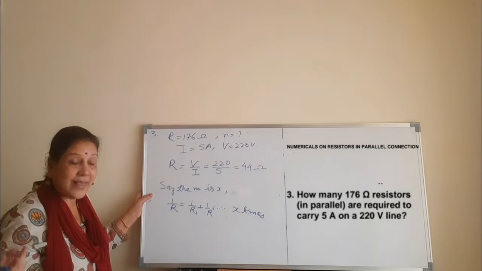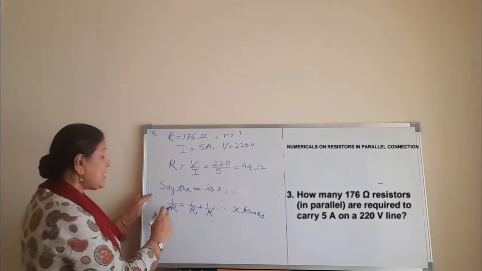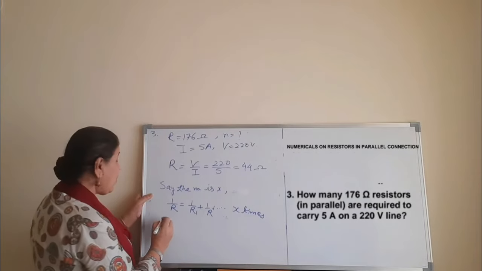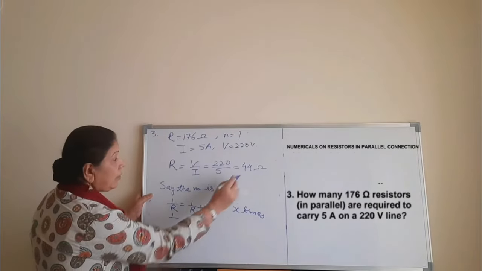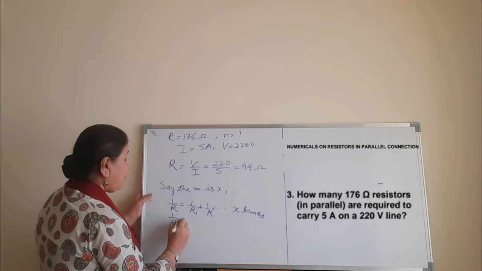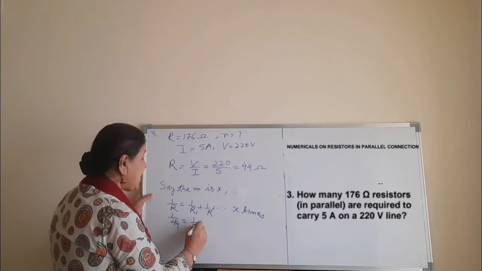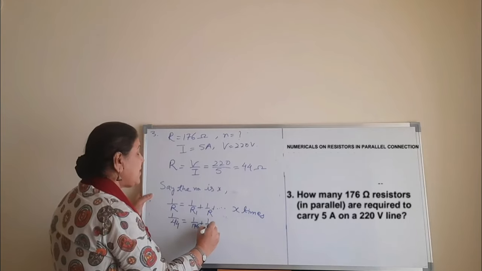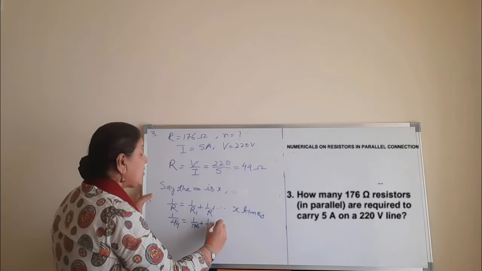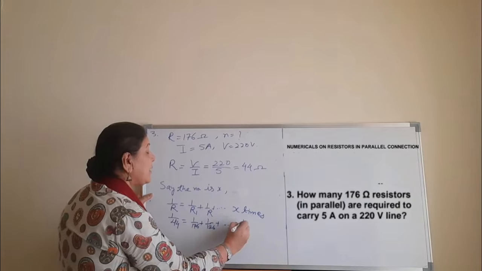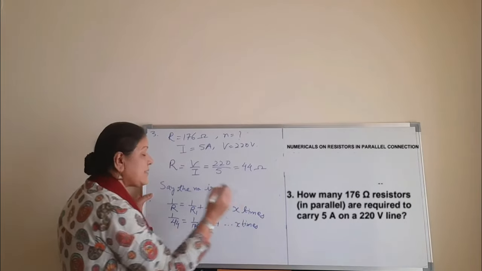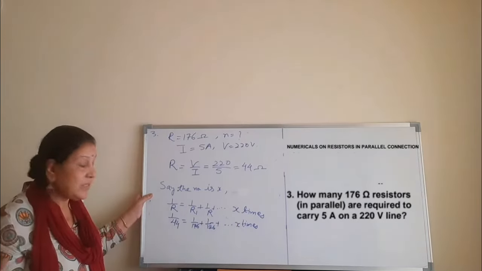We don't know what X is, the number we have to find. So 1 upon 44 equals 1 upon 176 plus 1 upon 176, X times, these many numbers.